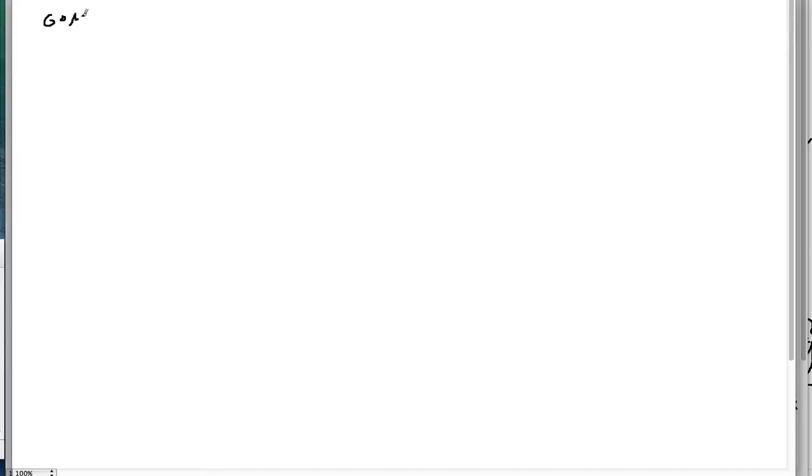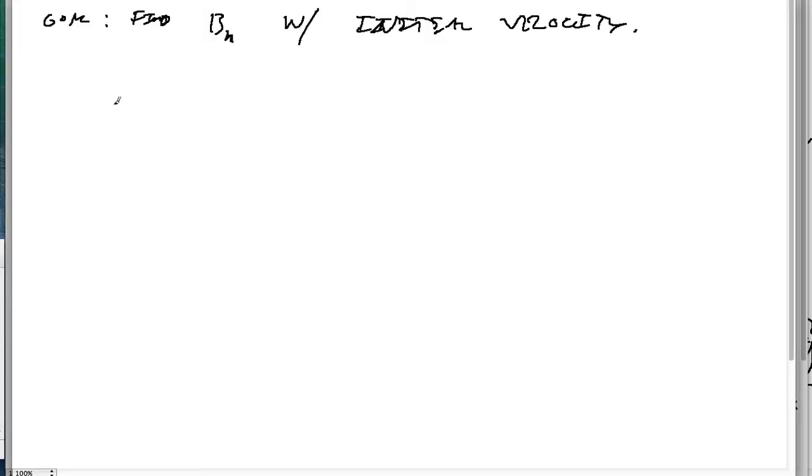So the final goal is to find the bn's with initial velocity. Okay, so we know that the partial of u with respect to t for x and t equals 0 is equal to g of x.